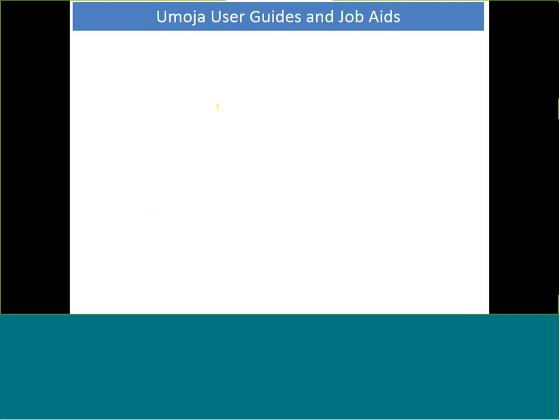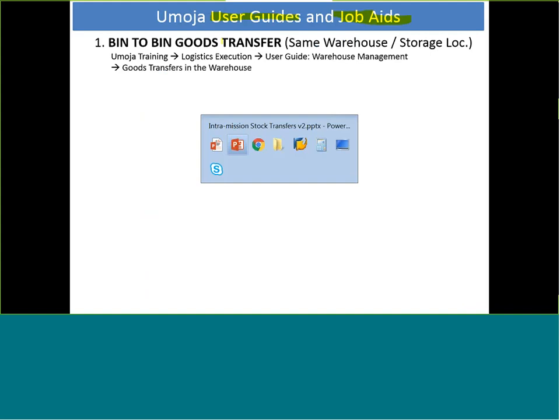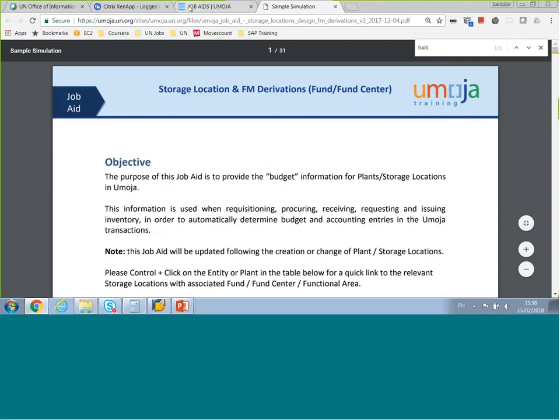Here in the last slide of my presentation, you have a link to the different user guides and job aids you have published, so you can review them in the umoja.un.org, right? The same place we were having a look before.